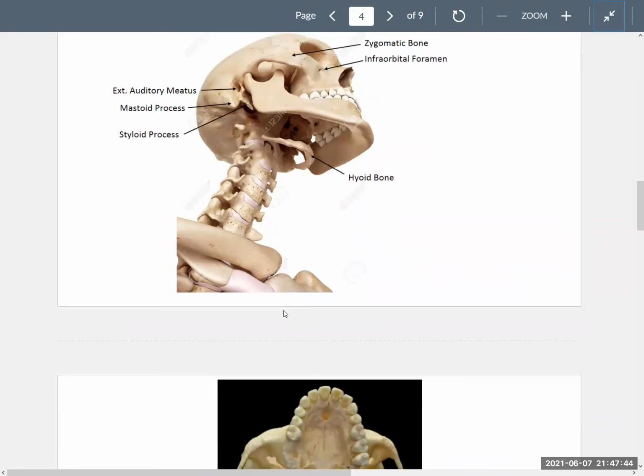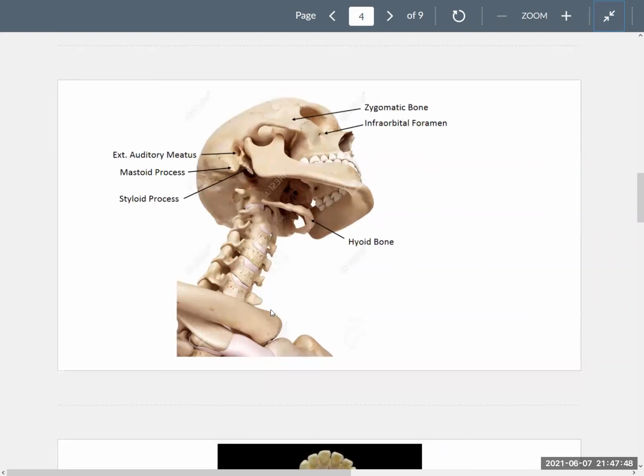Another angle. This is your cheekbone. Well, that's the common name. You cannot give it on the exam. The zygomatic bone, but you can easily find it.